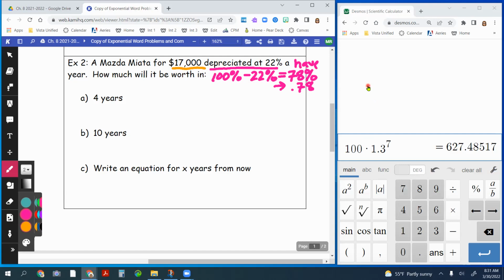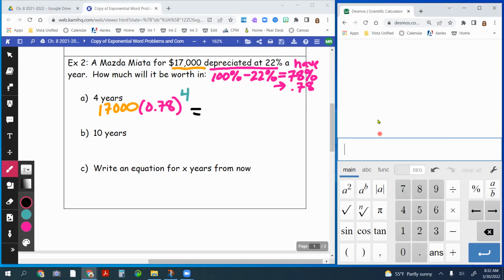So when we're setting this up, again, start with your initial value, 17,000, times our multiplier, which is, I'll put the 0 in front, 0.78. In this case, raise it to the power of 4 for 4 years. And we're going to put that into our calculator.